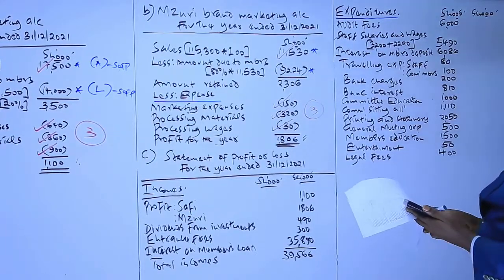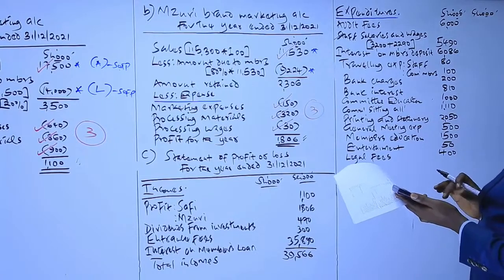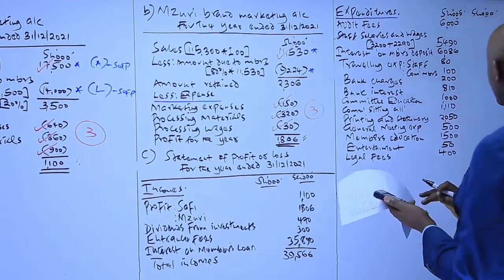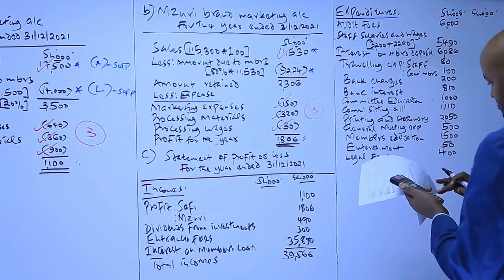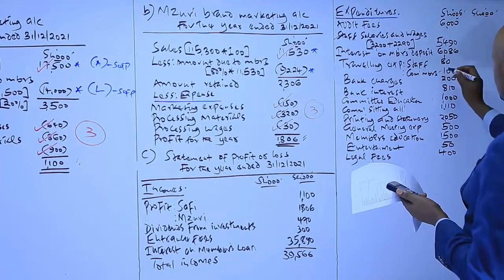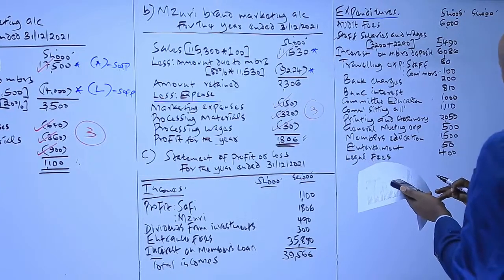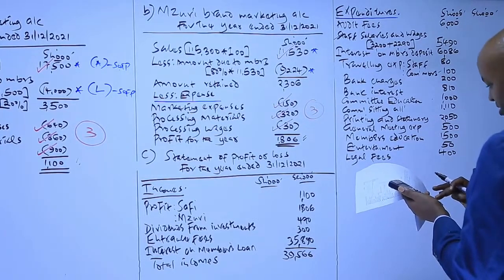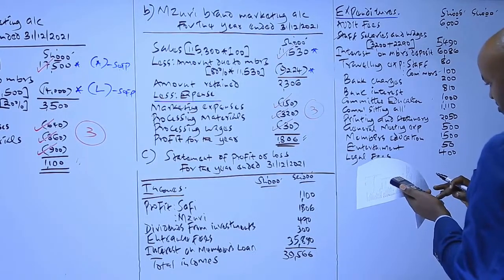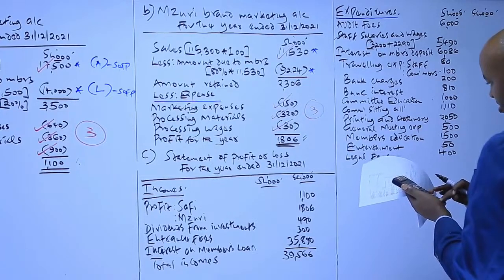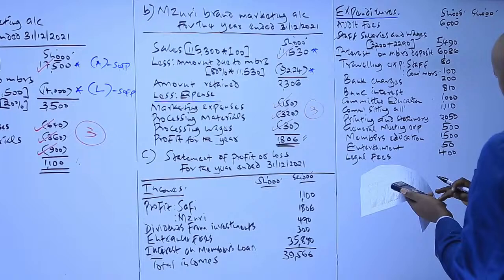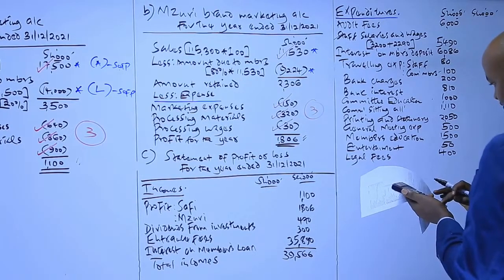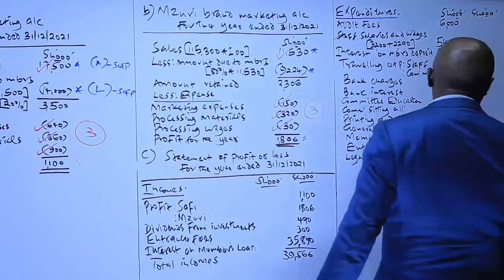So let's add all these expenses, starting from where we have audit fee, 6,000 plus 5490 plus 6086 plus 80 plus 100 plus 200 plus 810 plus 1,000 plus 1110 plus 2050 plus 500 plus 1,500 plus 50 plus 400.